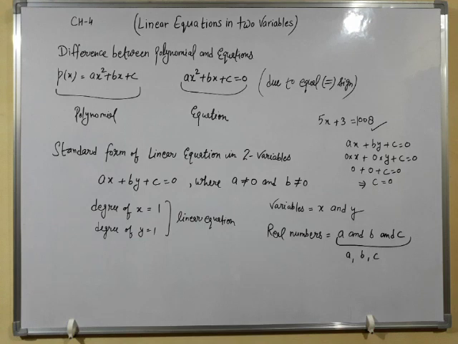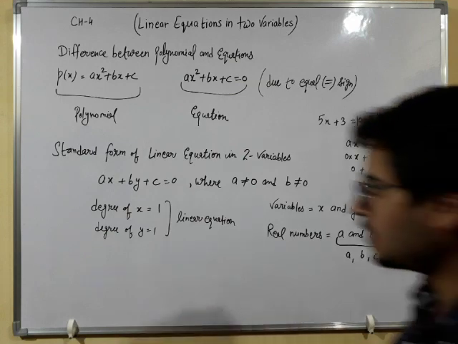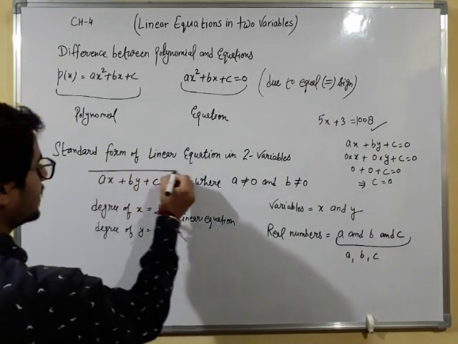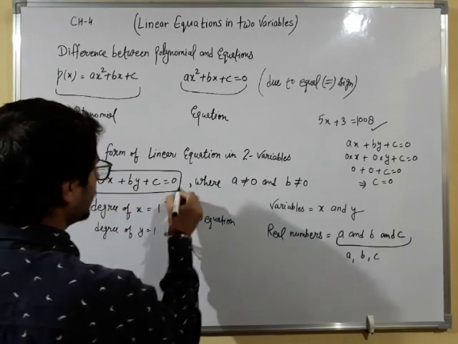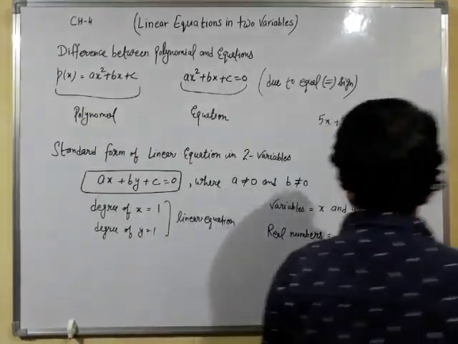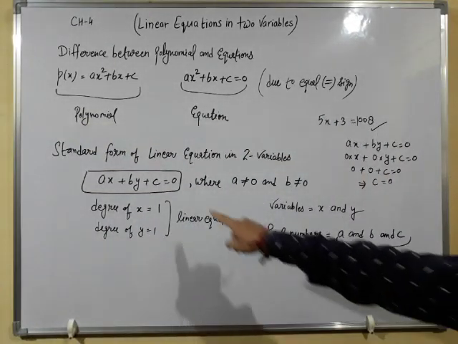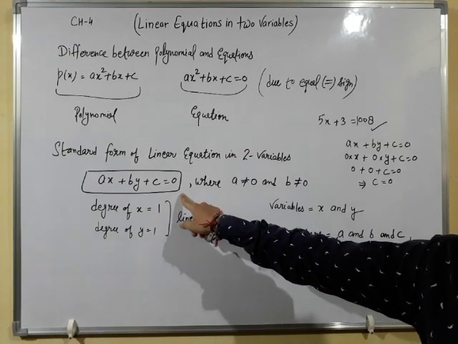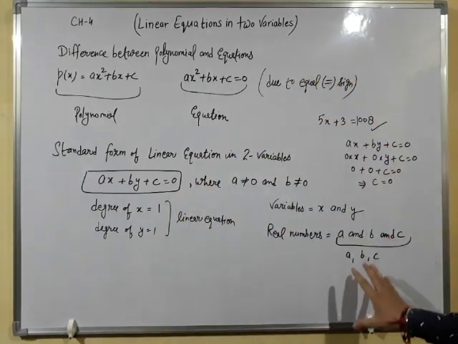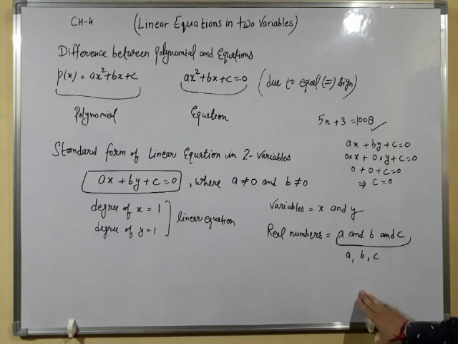In our next videos, we will solve exercise 4.1 with the help of this standard form of linear equation in two variables. Students, you need to write down this equation. In fact, you need to write down all the work which I have written on the board.